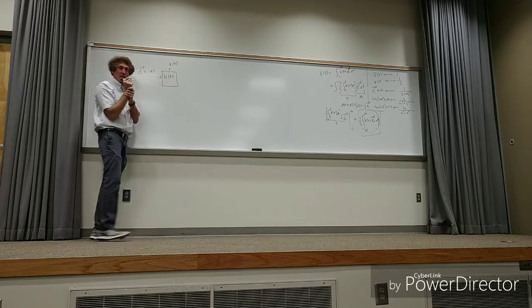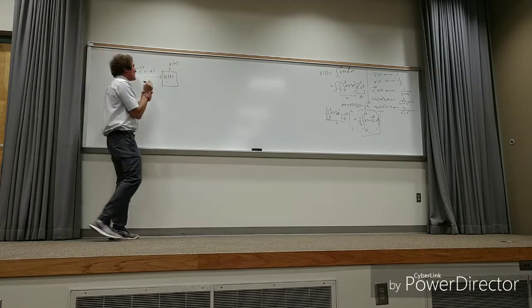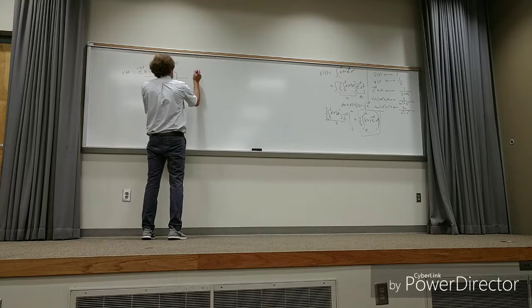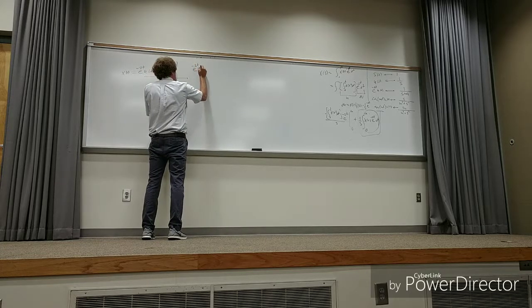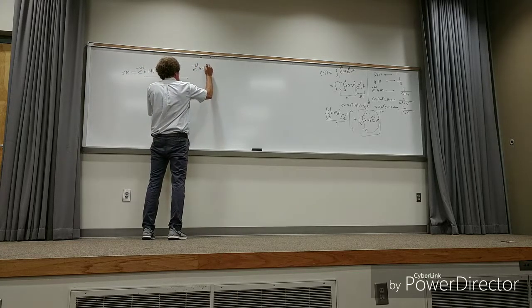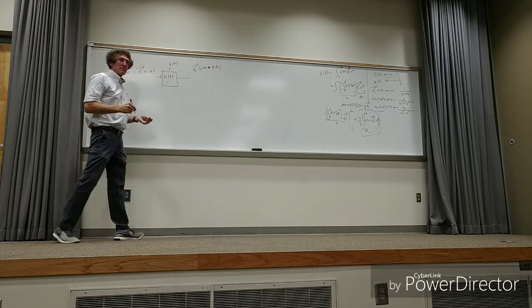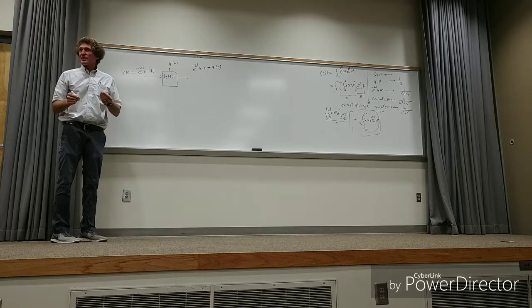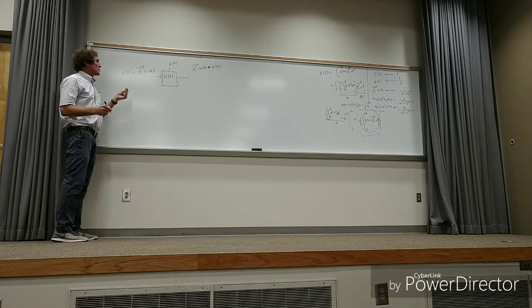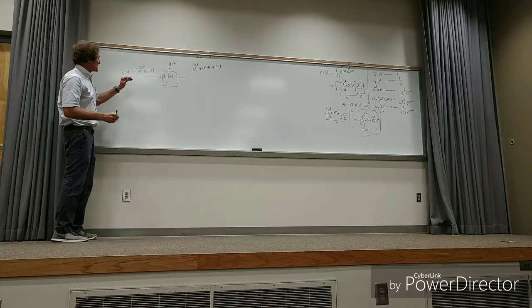Just u of t. And then my output would be equal to e to the minus 2t u of t convolved with u of t, right? And that's a doable convolution. We can do it. Now we're going to take a look at the Laplace transform operations of these.